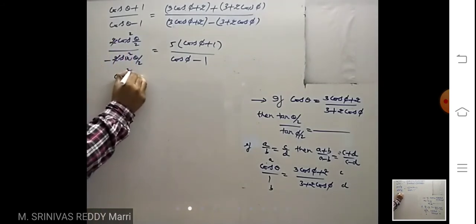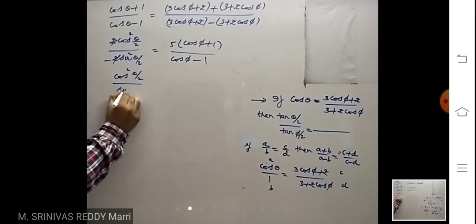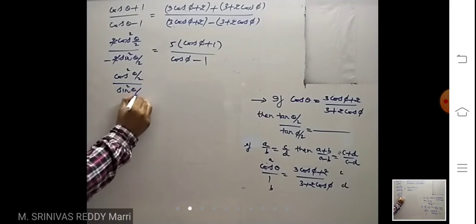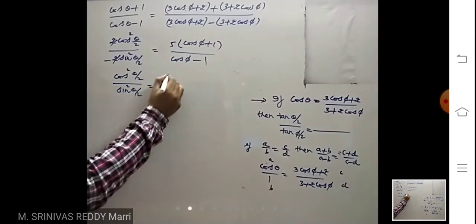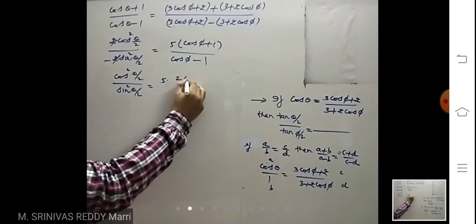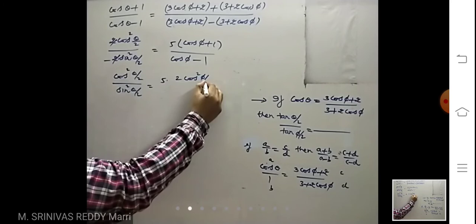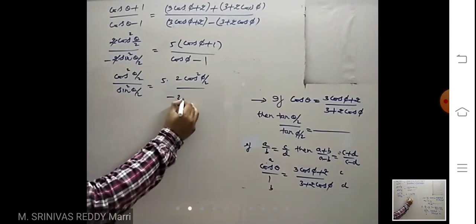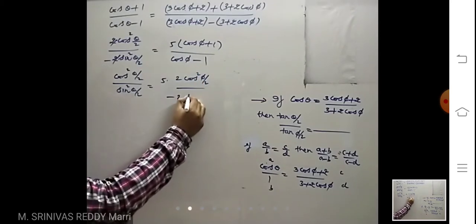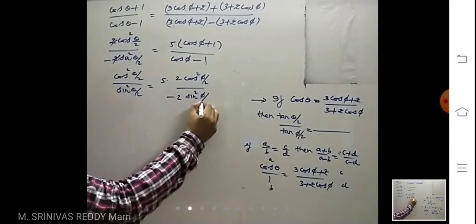Now if you look at here, cos square theta by 2 divided by sin square theta by 2 equals 5 into 2 cos square phi by 2 divided by, 1 plus cos A is nothing but 2 cos square A by 2, minus, you take common, minus 2 sin square phi by 2.